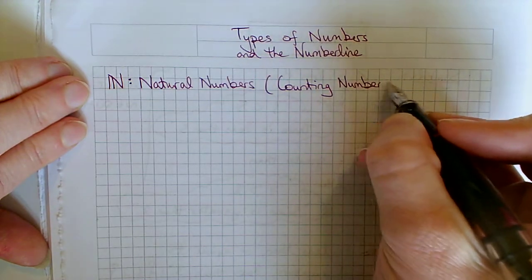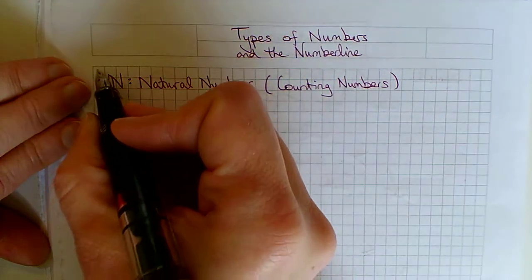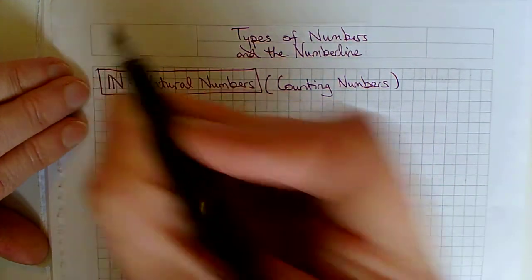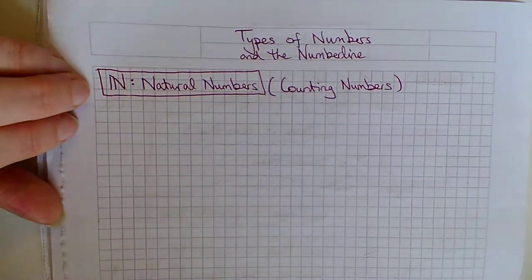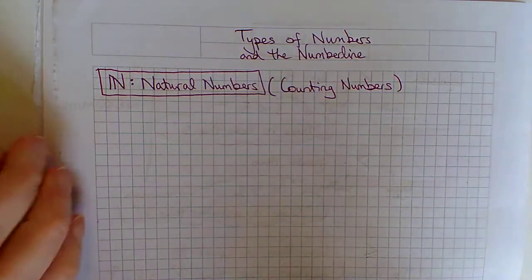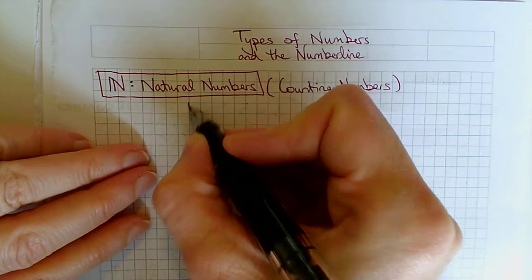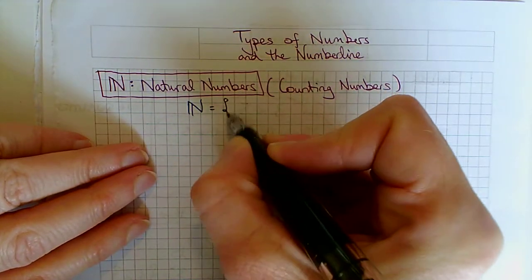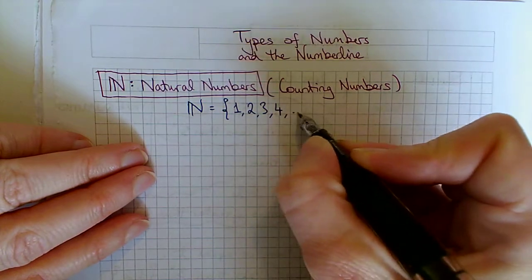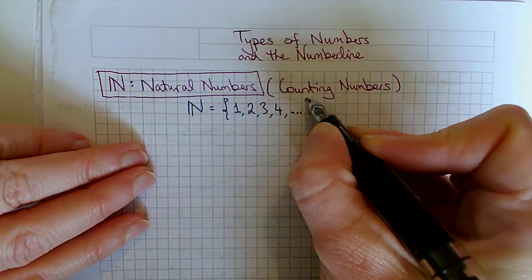And it's a good way of thinking about them because when you start counting, you don't start counting at 0, you start counting at 1. And you don't count in halves and 0.1s and things like that. So the natural numbers are the set of numbers that start at 1 and they go up in whole numbers and they go on forever.